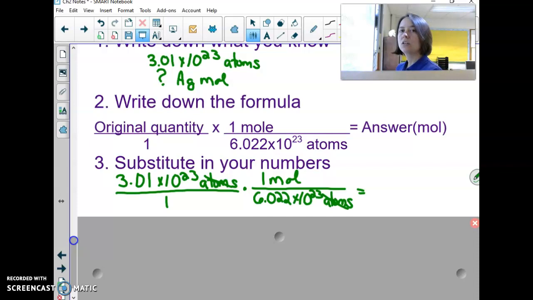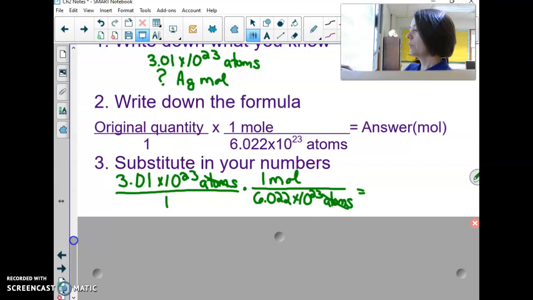So now it's going to get a little bit trickier putting this into your calculator. So this is 3.01 times 10 to the 23rd times 1 divided by 1 times 6.022 times 10 to the 23rd. Basically 3.01 times 10 to the 23rd divided by 6.022 times 10 to the 23rd.